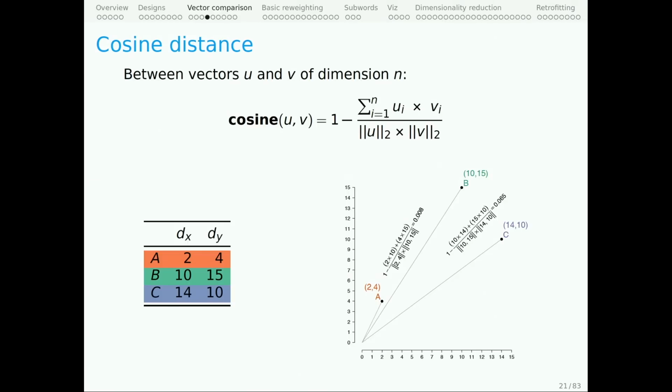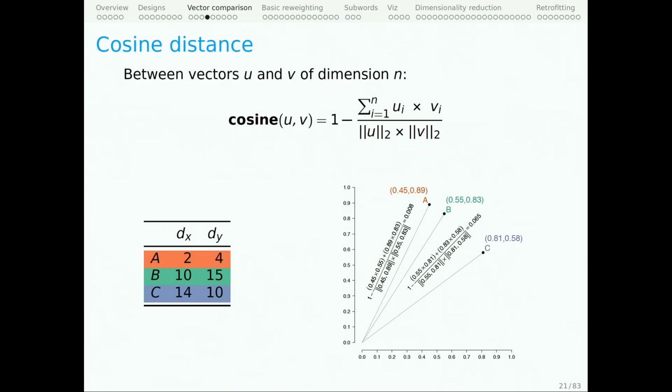So cosine in one step is incorporating that length normalization, and as a result, it's favoring that proportional similarity, that sentiment similarity that I was pitching to you. Another way to think about this is if you first do the L2 norm and then you do cosine distance, you get exactly the same result. I know it's small, but I've walked through the calculations, and the point is just that you get exactly the same values whether or not you first do the normalization. And that's because of the denominator there.